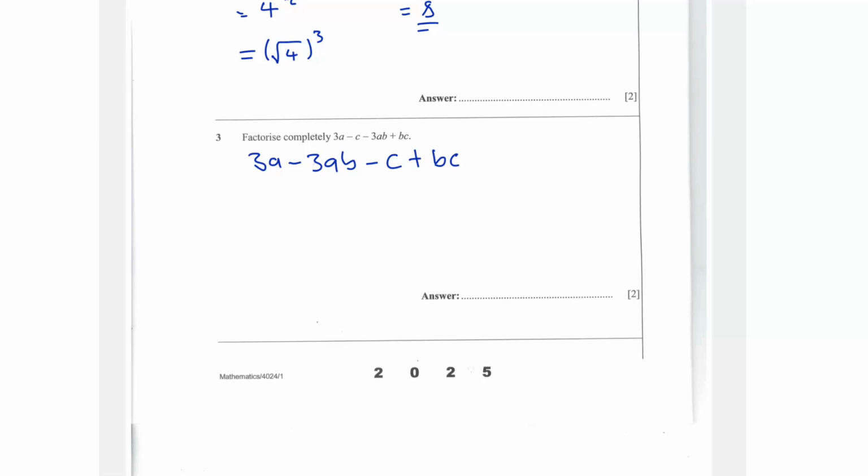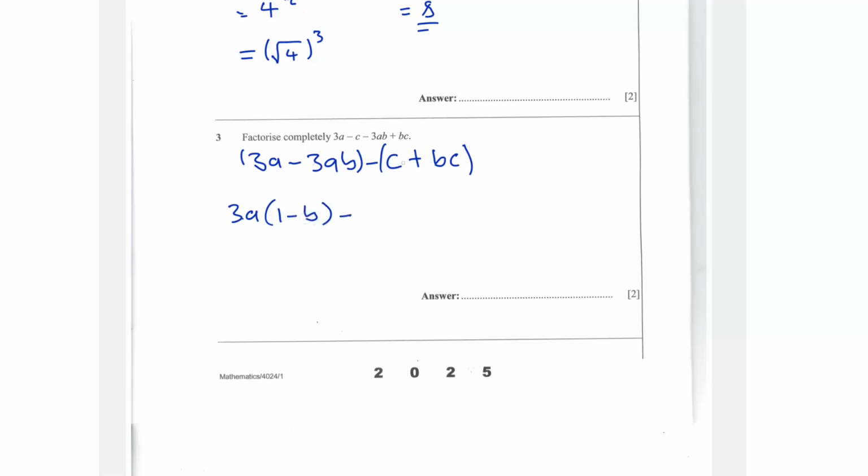Now the next step is just to factor out what is common. So we factor out what is common between 3a and 3ab here, and then we also factor out what is common between these two as well. If we factor out 3a, which is common, 3a into 3a is 1, and then 3a into 3ab is just minus b.